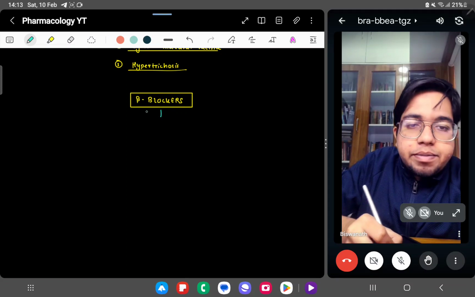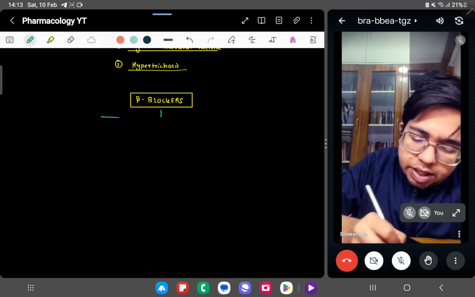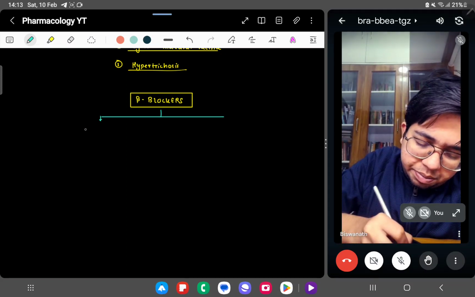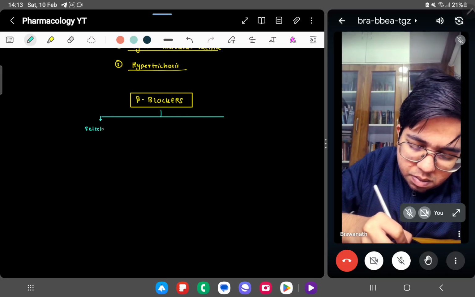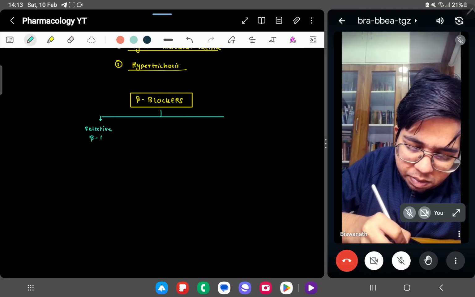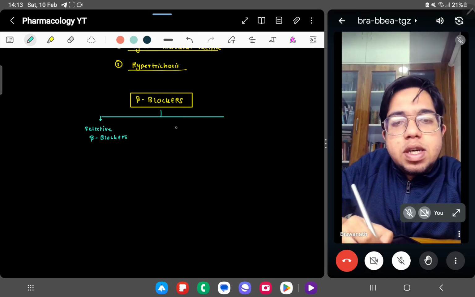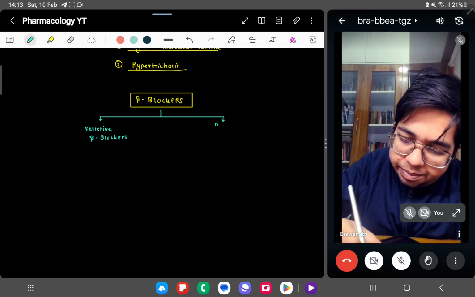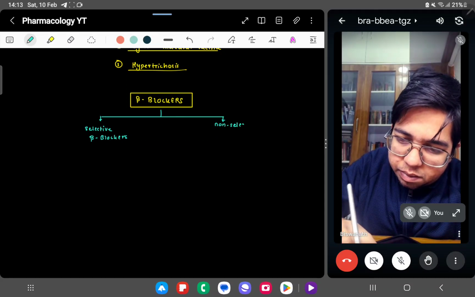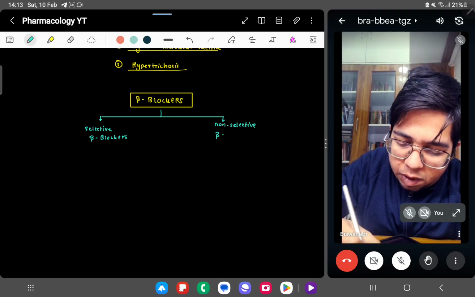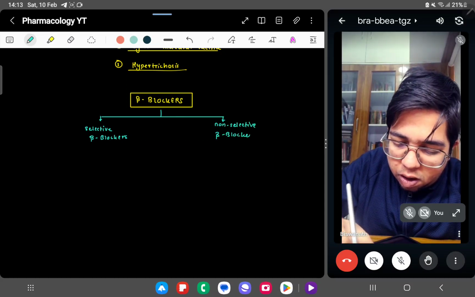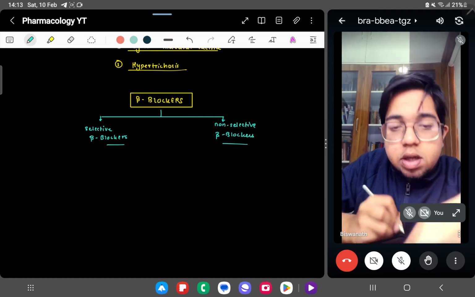So we have selective as well as non-selective beta blockers. Selective beta blockers, and we have non-selective beta blockers.